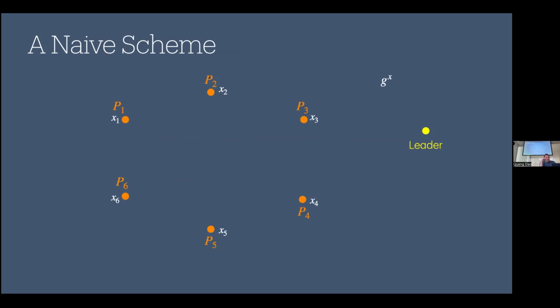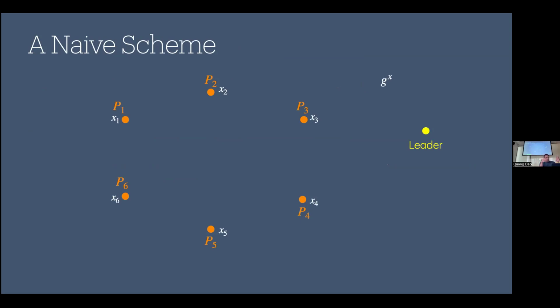When a threshold signature is created, you could think of a leader being external to the parties that are signing, or the leader being one of the parties themselves. Here, just because it's easier to draw, I'll consider an external leader. This leader wants to conduct a protocol with the parties.